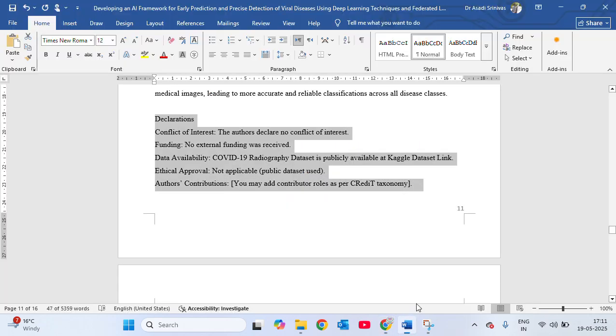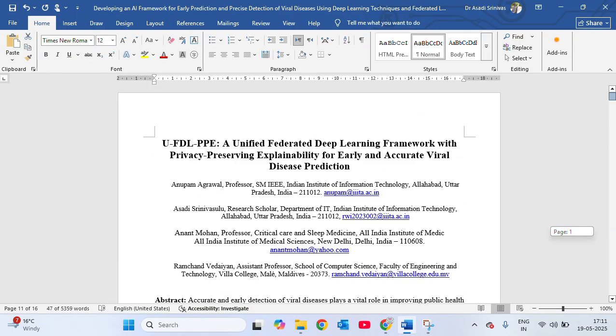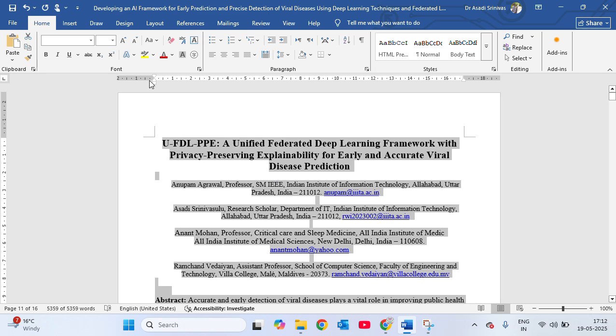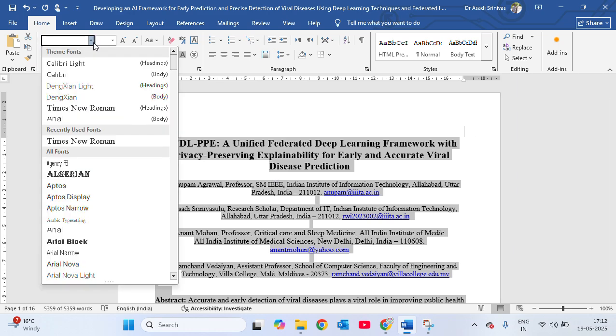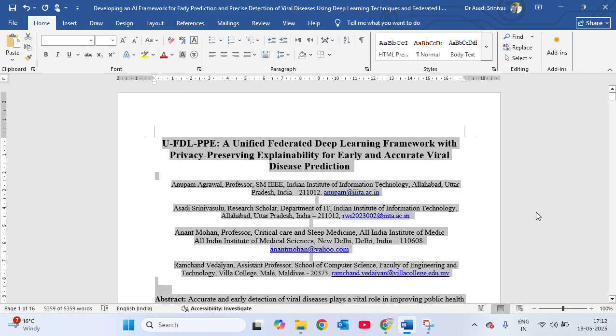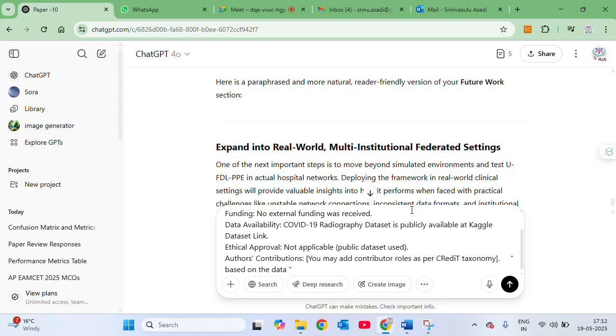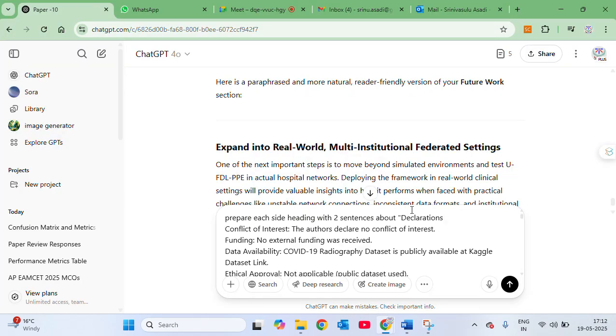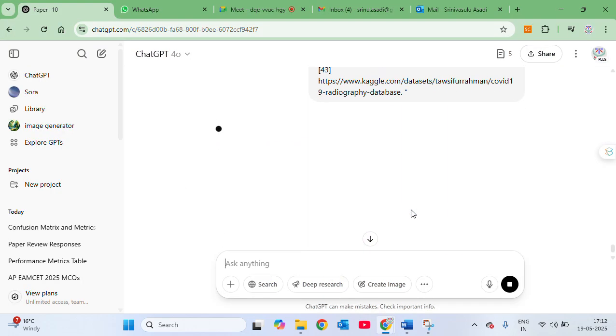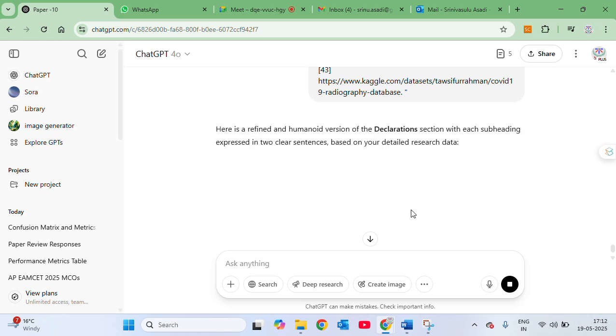So in this entire data we have already added our details, you know, Ramchand. Here you need to copy. Yes, sir. You need to copy this one and paste here. Now it will prepare each declaration part in one sentence. Let's see how it will prepare. Then we will do paraphrase.